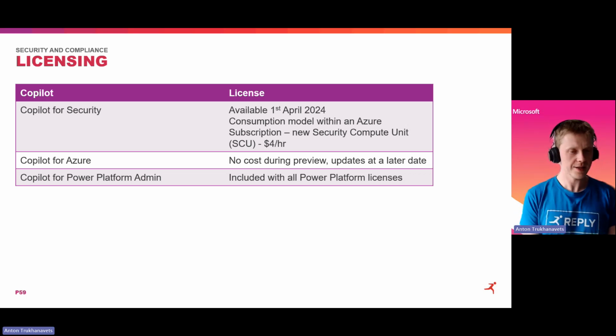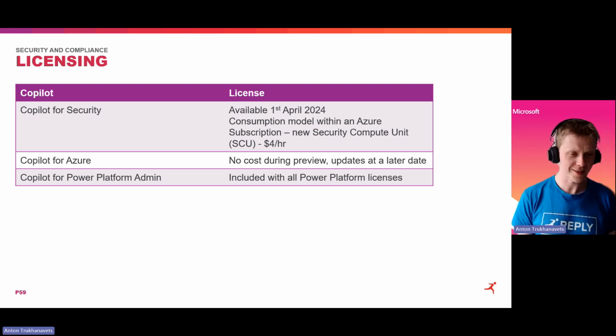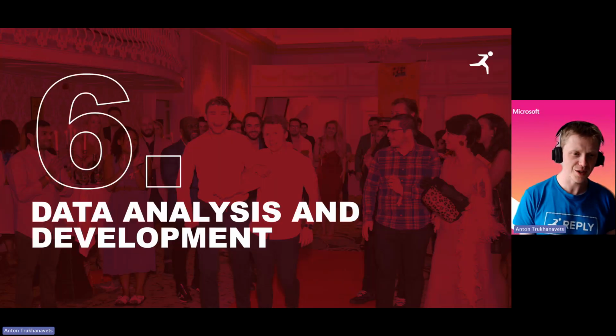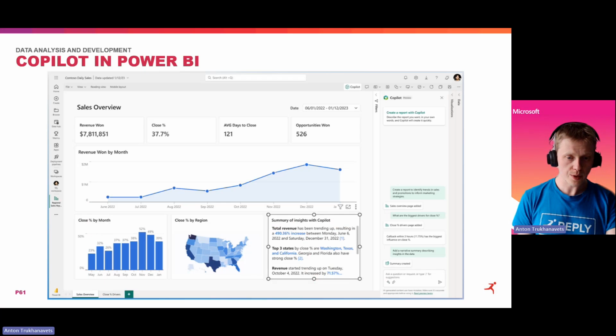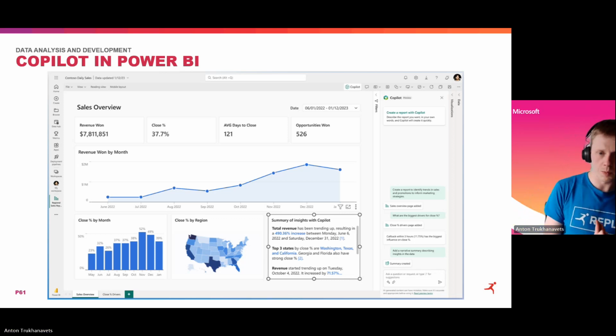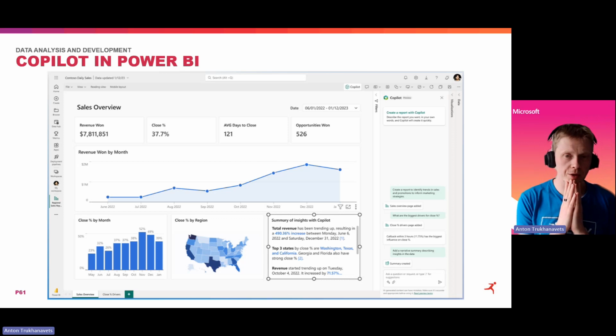Okay, great. Let's take a breath in, breath out, and move to the next section, which is data analysis and development. Here we will start with Copilot in Power BI. It looks like the very familiar user interface.